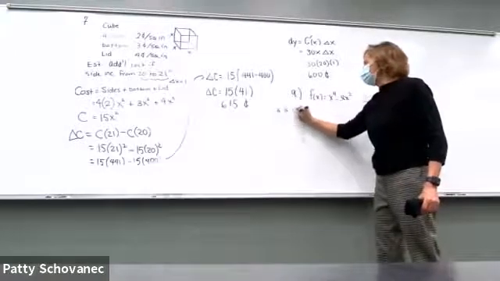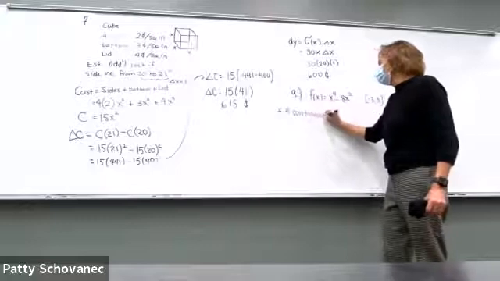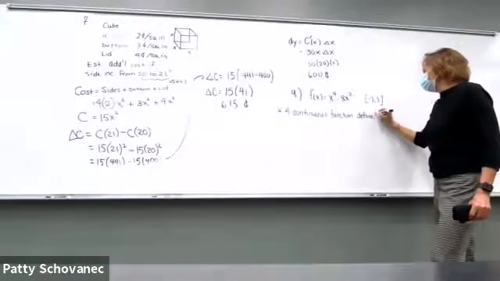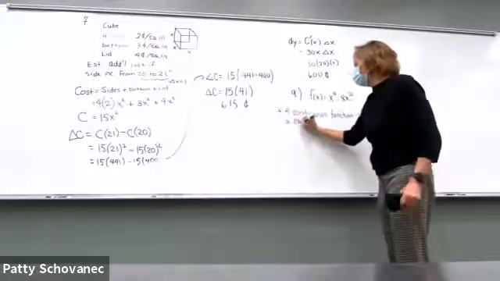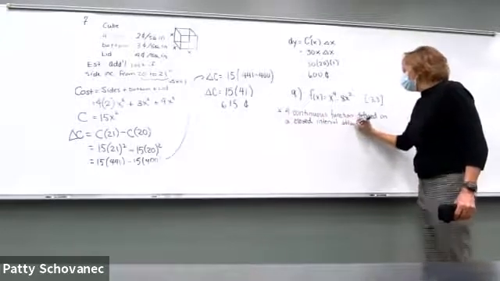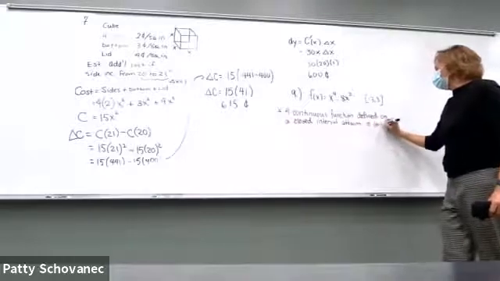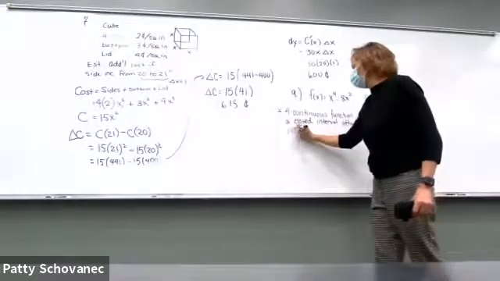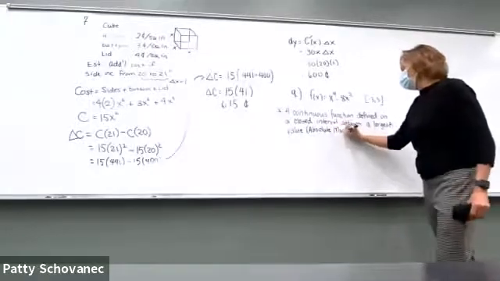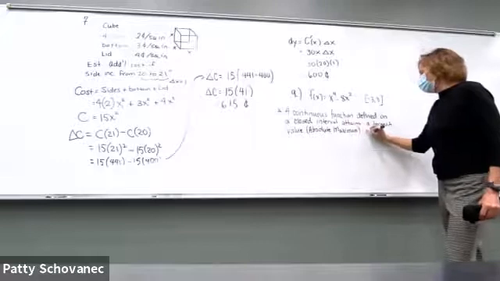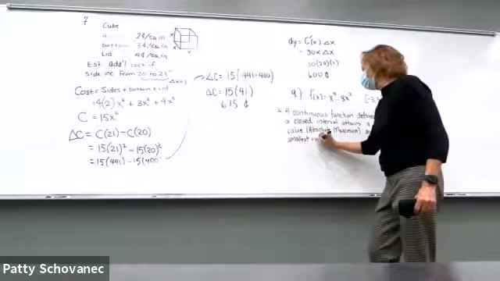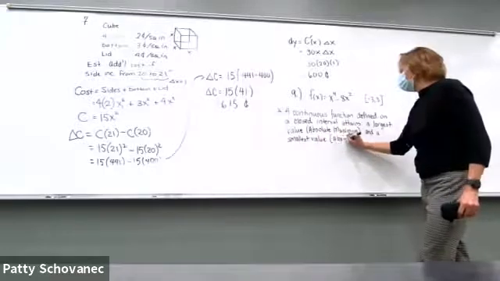Remember that a continuous function defined on a closed interval attains a largest value called its absolute maximum and a smallest value called its absolute minimum.